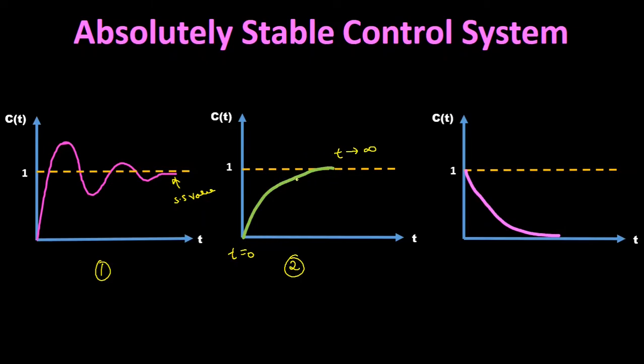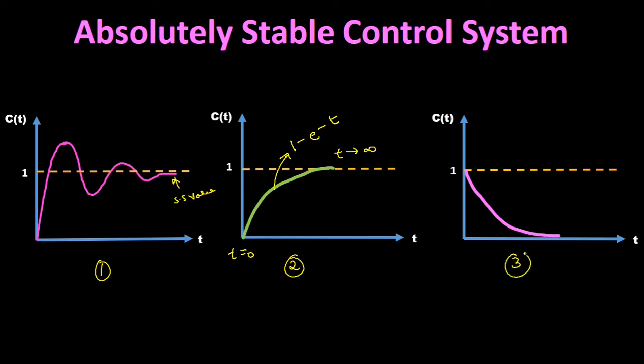Since it is a bounded signal, because it has finite values of minima and maxima, this is the output response of the absolutely stable control system, and the equation of this curve will be 1 minus e to the power minus t. In this equation, if we put t equal to 0, then we will get C(t) equal to 0, and if we put t equal to infinity, we will get C(t) equal to 1, because e to the power minus infinity is equal to 0.